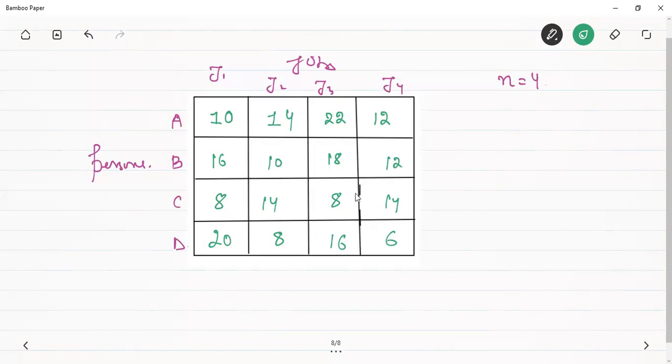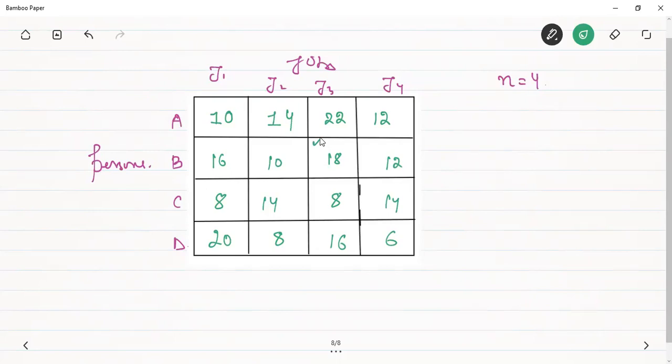If I define this here, it is the inefficiency of person B to do job number 3, or we can say that it is the time taken by person B in doing job number 3. So these are the elements given, and we have to see what is the proper assignment. 4 jobs are to be distributed among the 4 workers, and we have to see what is the efficient way of doing this assignment. This can be seen by the Hungarian algorithm.